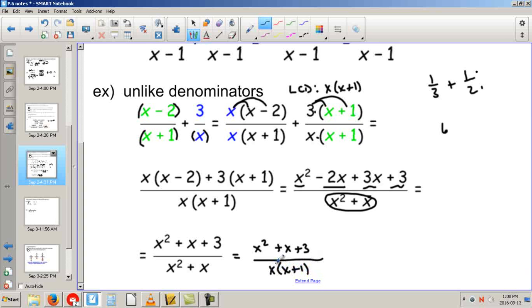On a multiple choice test question, you could see this as an answer right here. And if you left it factored like this, you might not recognize it for what it is. But if you're looking at a multiple choice test and you can't find the answer you're looking for, quick distribution would work to get you there. But either one of these would work as our answer.